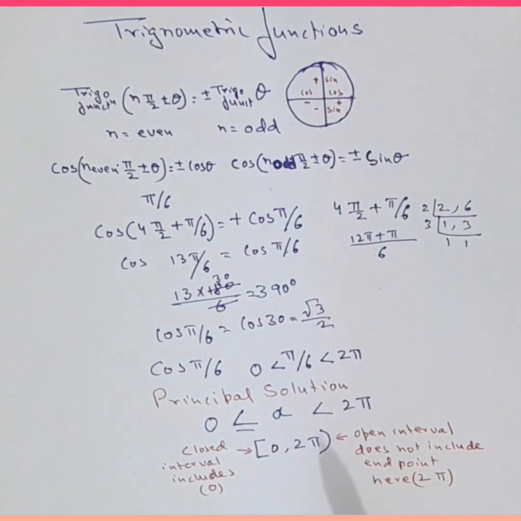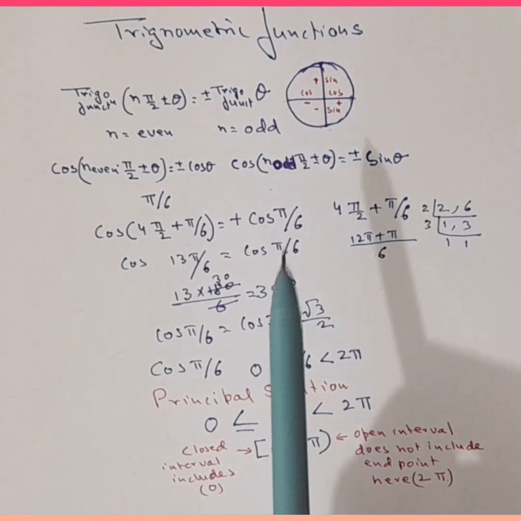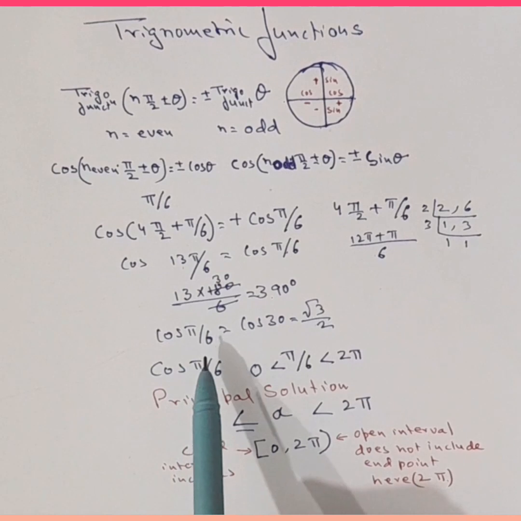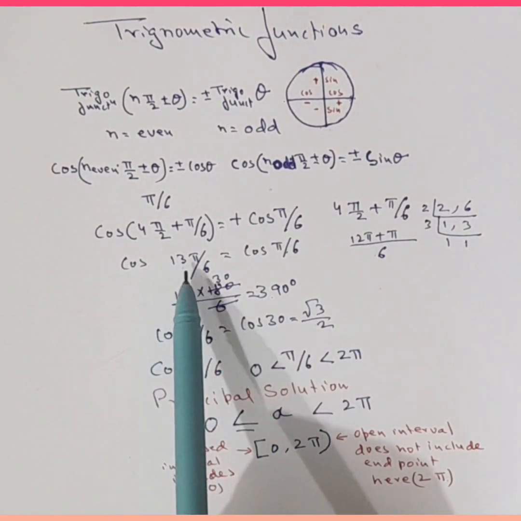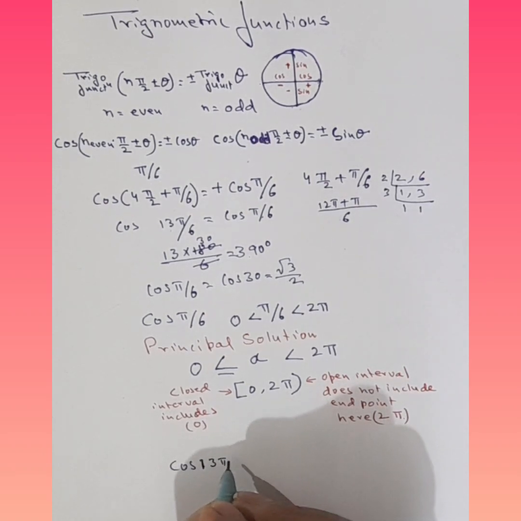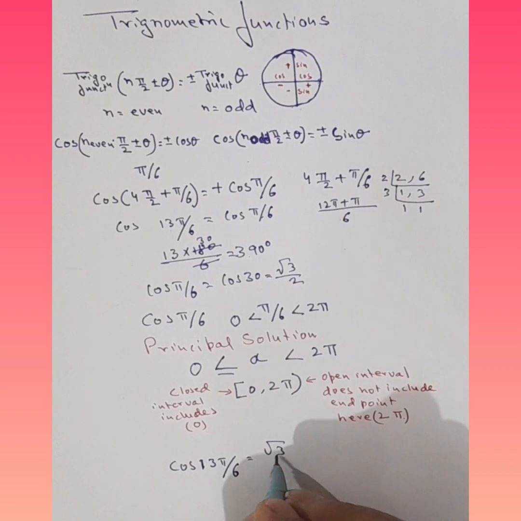So let's take yet another example to understand it still further. But keep in mind, the allied angle theorem is very much essential for this. So what is cos 13 pi by 6? Cos 13 pi by 6 also gives us the same value, that is root 3 by 2.